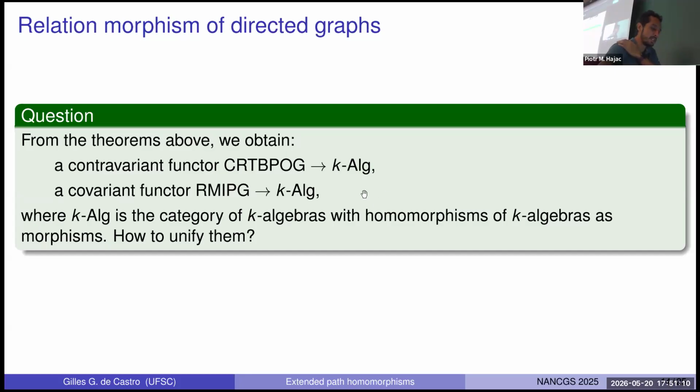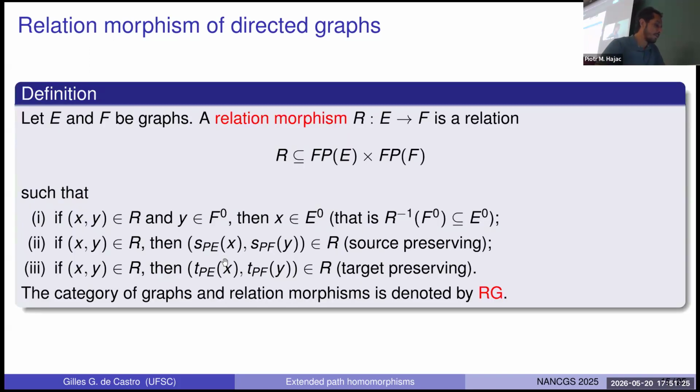And how can we do this? The idea is to use relations. This is the paper by myself, Piotr, and Francesco. So we unify these two functors. As I said, instead of looking at functions, we look at relations. We go directly from path homomorphisms to relations between the sets of paths.